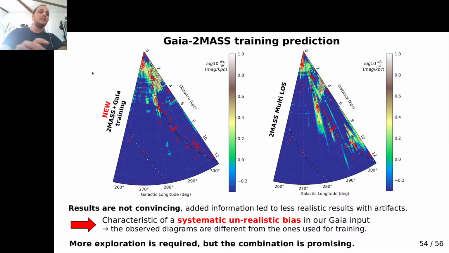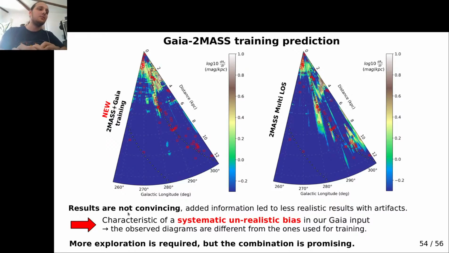And the only reason for the network to do so would be that we have a systematic unrealistic bias in our Gaia input. Simply, it means that our Gaia diagrams are not realistic, meaning that we did not manage to construct inputs that look like the observed diagram using the Besançon galaxy model.